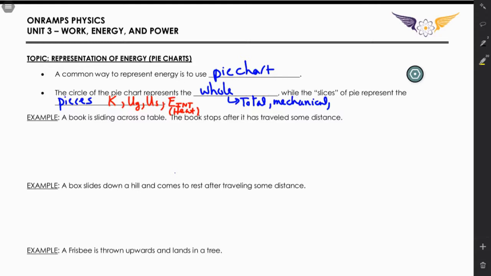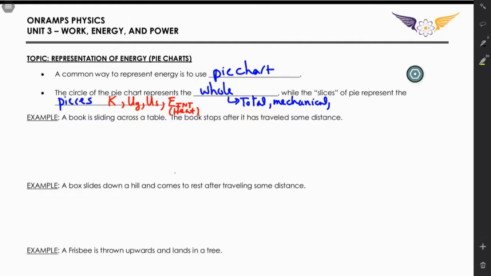So remember, I readjusted this page. I started with the harder ones, and then I went back and added in a couple of the simple ones. The first example we have is a book sliding across the table. We're going to take a snapshot at three positions.